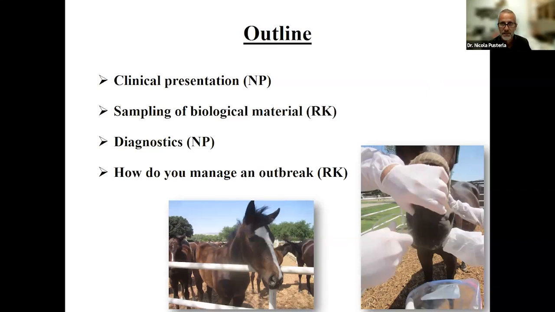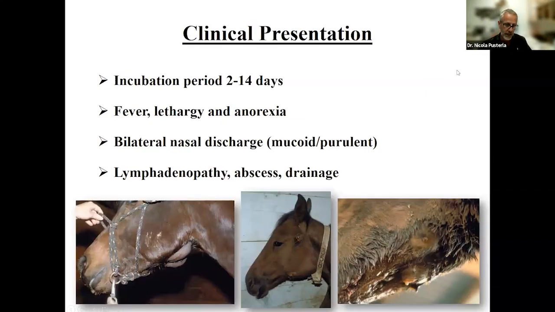So let me start and give you a little bit of background on clinical presentation. You all have seen it. The textbook presentation, as you can see from these slides, is a young animal that starts with a little bit of fever, followed by initially serous and then more pronounced mucopurulent bilateral nasal discharge. As the disease progresses, some of these animals get fairly sick with lethargy and anorexia.